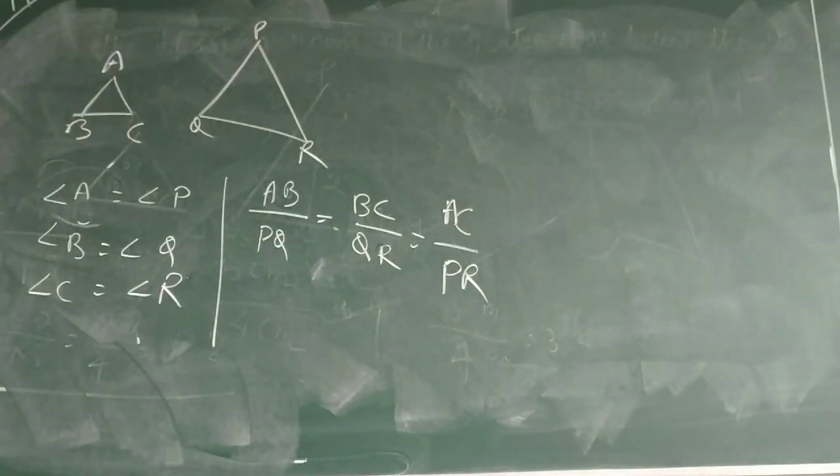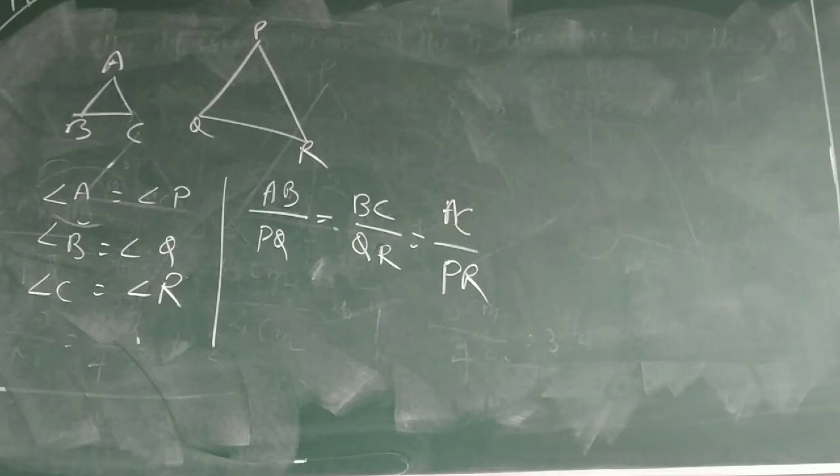So in one line, similarity of triangles means two triangles are said to be similar if they have equal corresponding angles and the ratios of their sides are proportional to the other triangle.